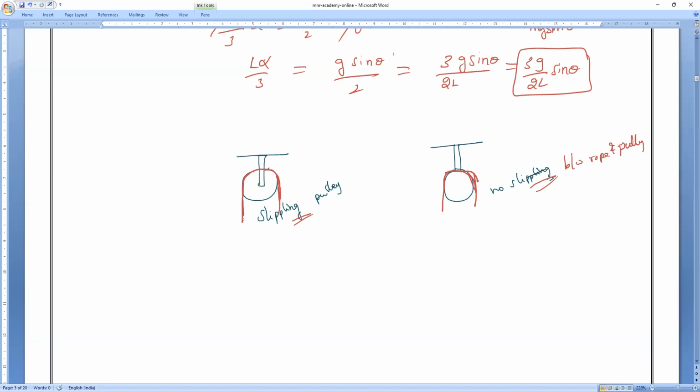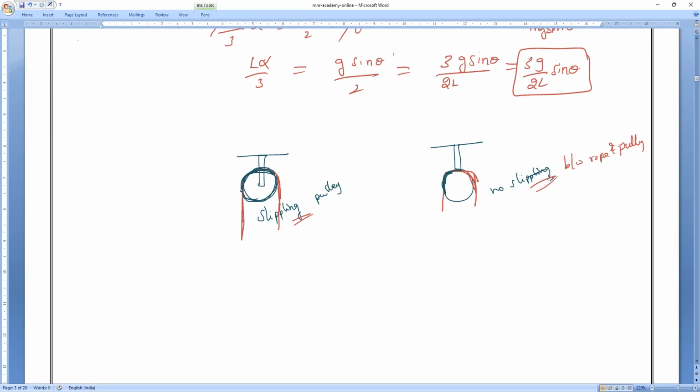Now tell me in which case the rope will slip, the first case or second case? Everybody? Yes, the rope can slip in the first case. Am I right or wrong? Everybody, please respond, guys. Yes, sir. In the second case, between rope and pulley, there is no slipping.